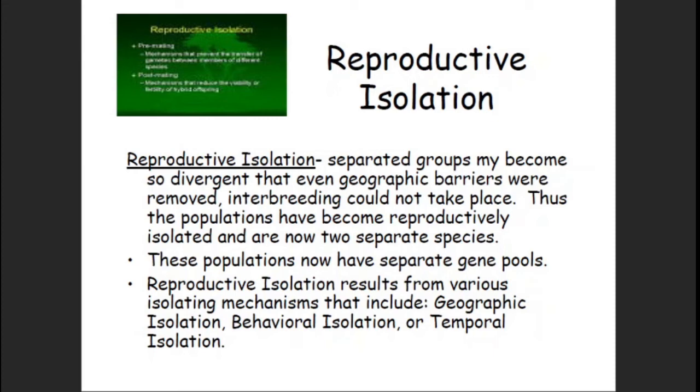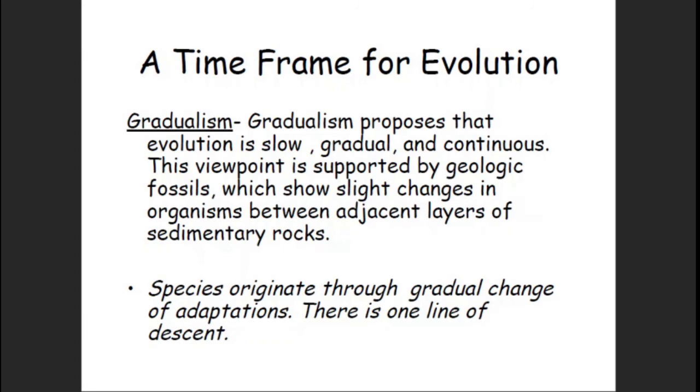These populations now have separate gene pools. Reproductive isolation results from various isolating mechanisms that include geographic isolation, behavioral isolation, or temporal isolation. A time frame for evolution.